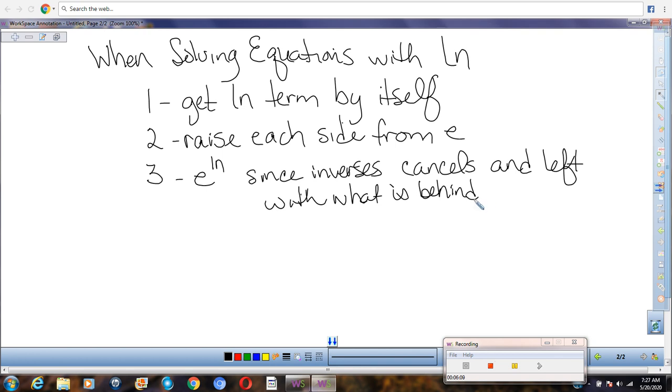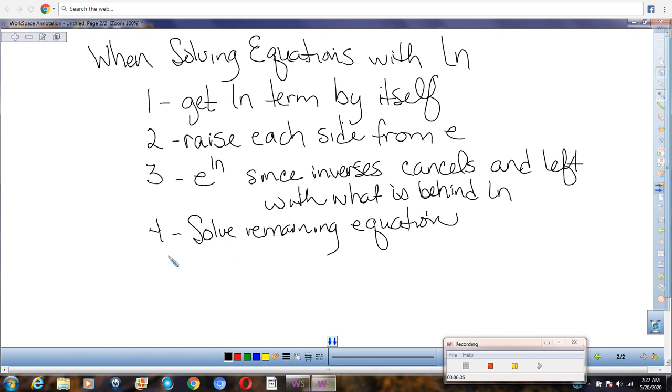And we're going to explain that a little bit more when we do our first example. Step 4, we're going to solve the remaining equation. And then step 5, you want to check for extraneous solutions.